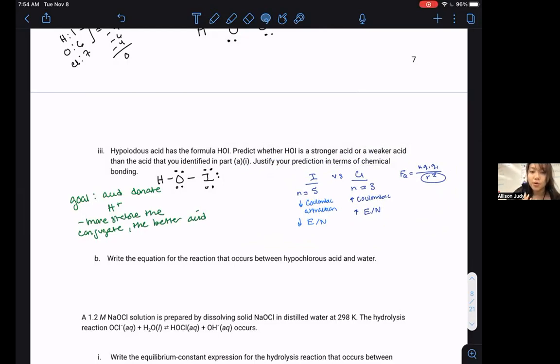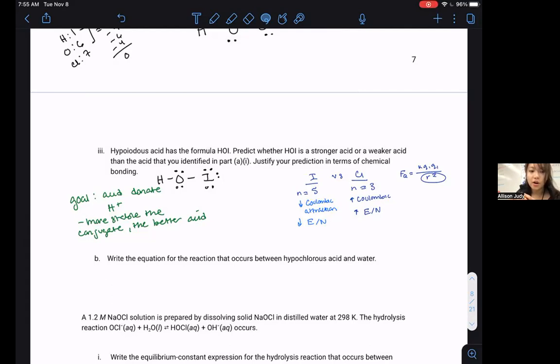And what we know, according to our lecture on the role of structure in determining acidity, is that greater electron withdrawing or higher electronegative atoms in an acid structure will stabilize the conjugate base.